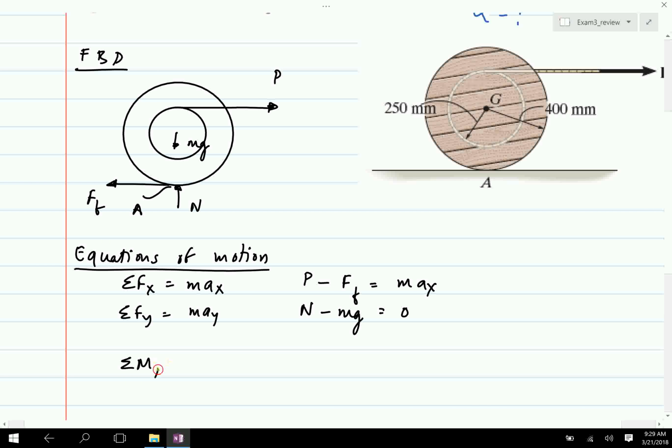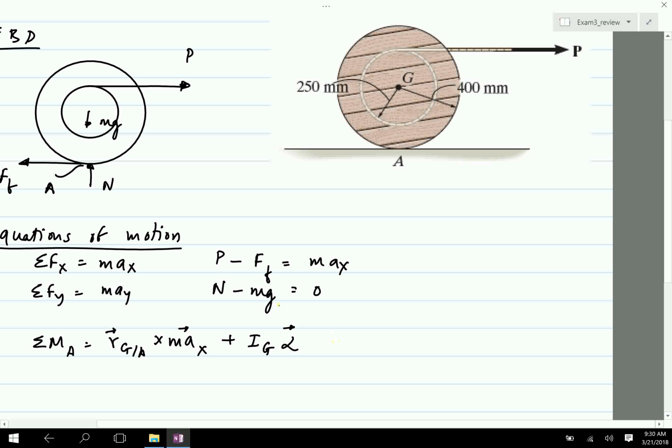So the moment about A is r_G/A crossed with mass times acceleration in the x direction, which we know, plus Ig times alpha. This gives the moment about A due to P as P times the larger of the two radii. So sorry, this is going to be 200, this is 400, so it's going to be 600.